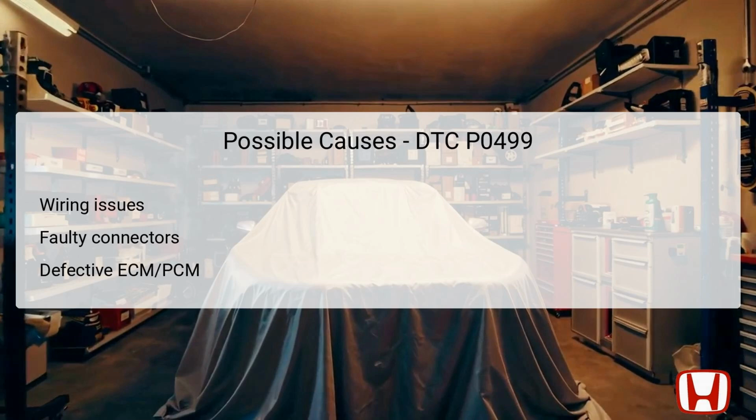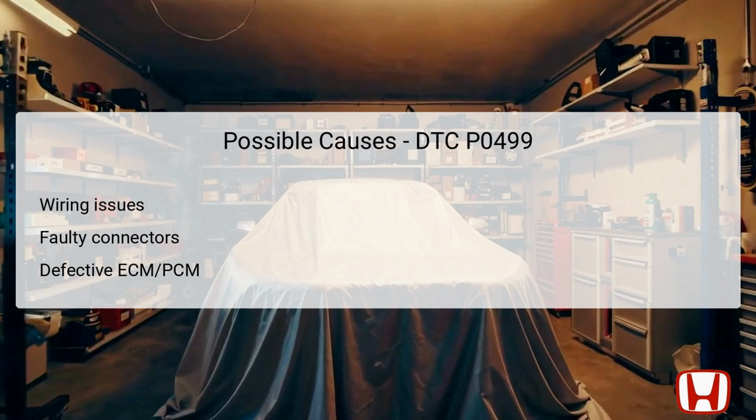Several potential causes could bring about the DTC P0499 error code. First and foremost, wiring issues may arise, such as short circuits or damaged insulation that can cause high voltage readings in the EVAP canister vent shut valve circuit. Poor connections or loose terminals at the valve or the electronic control module, ECM/powertrain control module, PCM, also represent significant areas to check, as these may lead to an inconsistent electrical signal affecting valve operation.